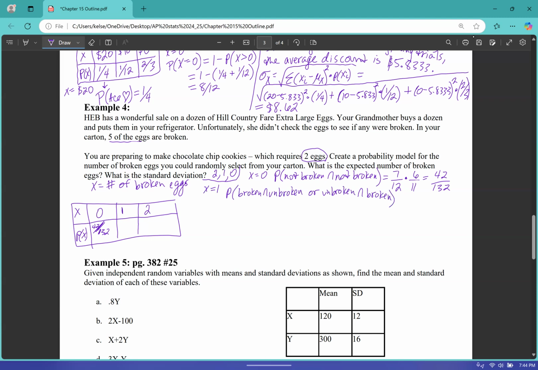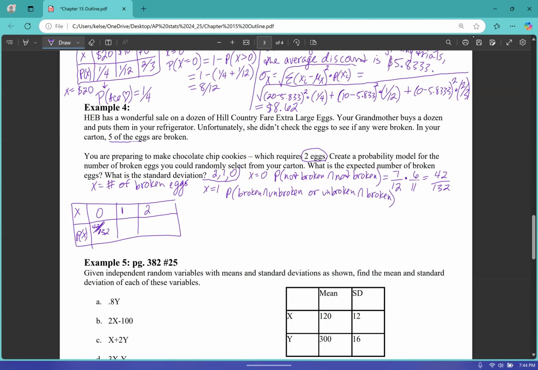We have to consider both orders because if we're taking an egg out, it's going to change the probability of either the broken eggs that are left behind or of the unbroken eggs that are left behind. So you have to consider both options. And since we're doing "or," we're going to calculate the first "and" and then the second "and" and add them together.